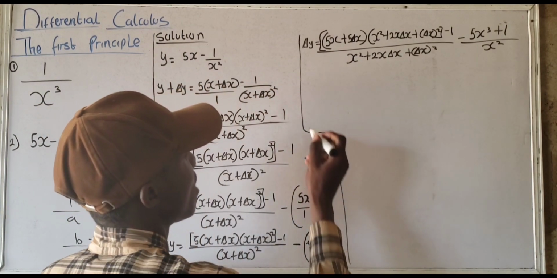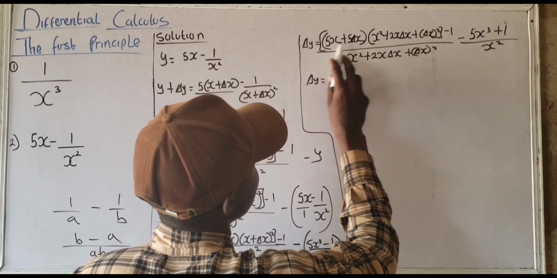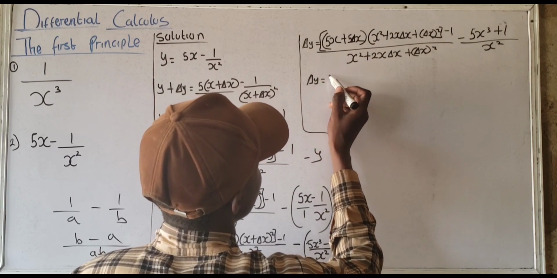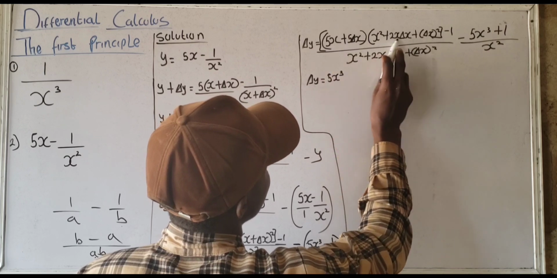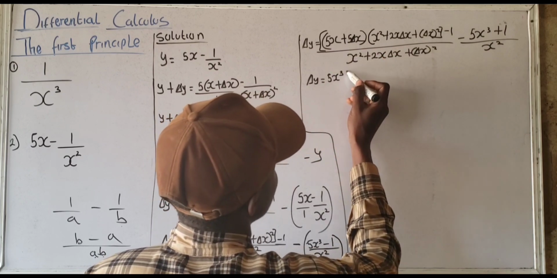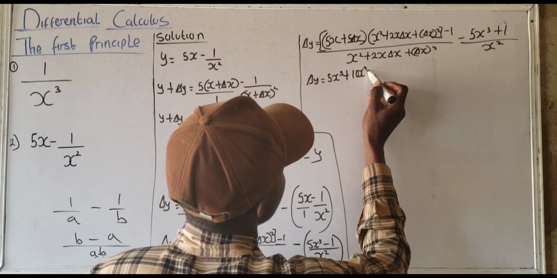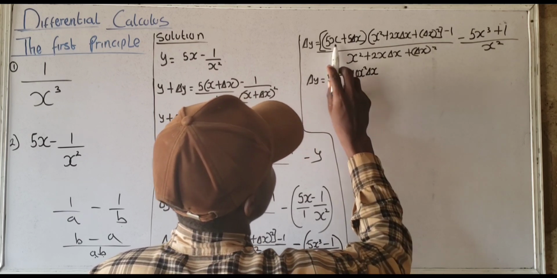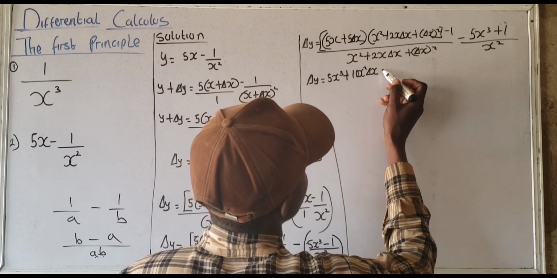Here, we are going to have delta y is equals to 5x times x squared. That is what? 5x raised to the power of 3. 5x times 2x delta x, that is what? Plus 10x squared delta x. 5x times delta x squared, that is what?